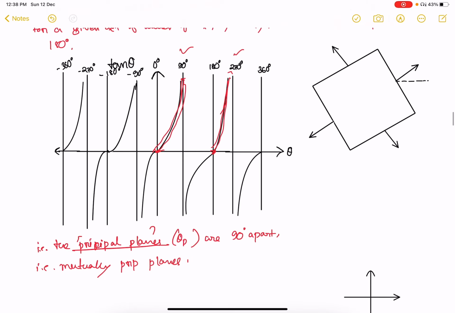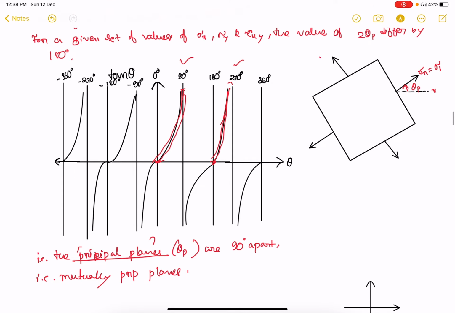That is, if it is θp along the x-axis and it rotates, sigma n becomes sigma 1, the maximum principal stress, and for the other principal stress, which is the minimum, sigma 2. So these two planes should be mutually perpendicular, sigma 1 and sigma 2.